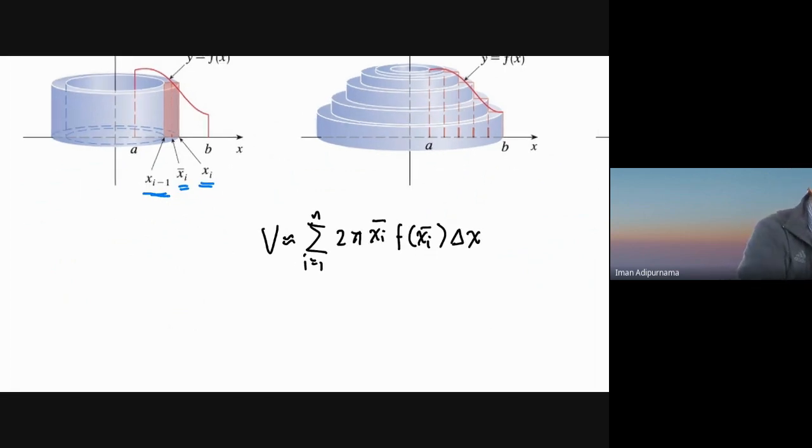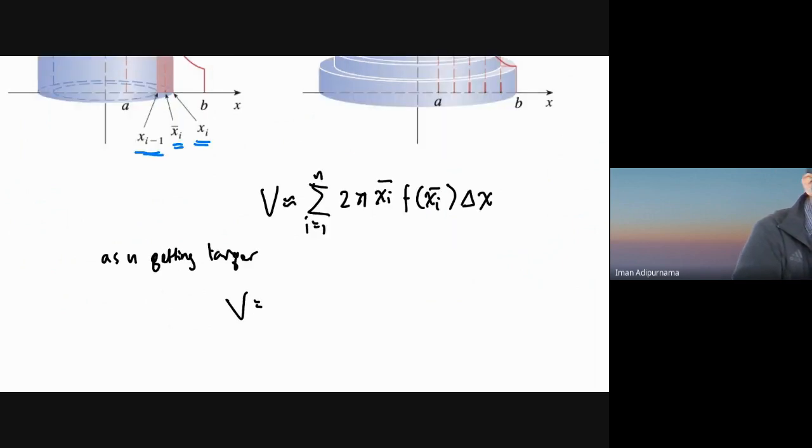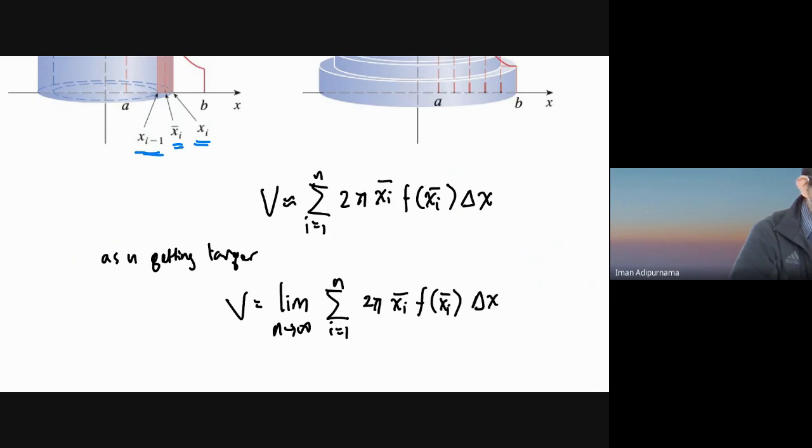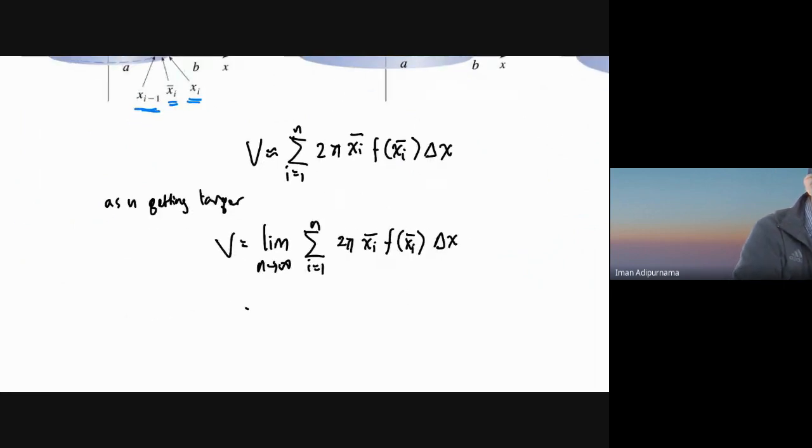And then as n gets larger, the volume we can evaluate through the limit. And we can take this approach to our integration from A to B, 2 pi x f of x dx.